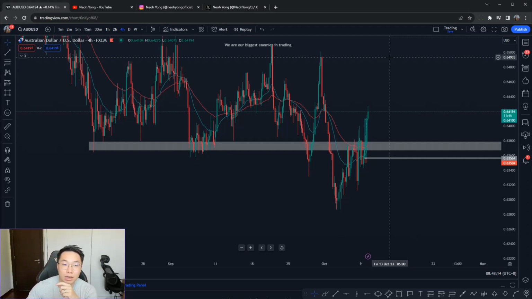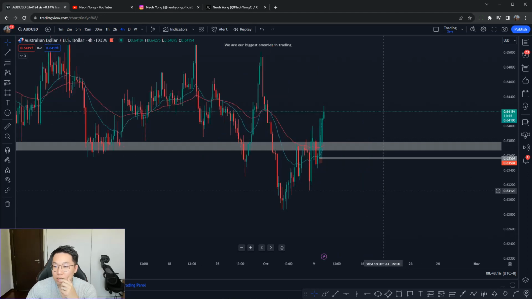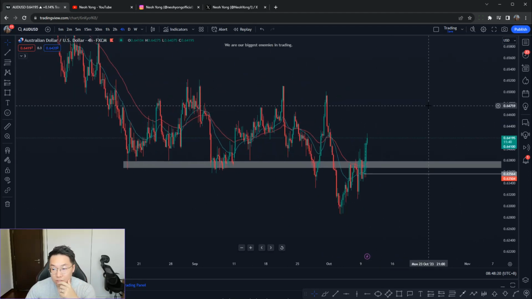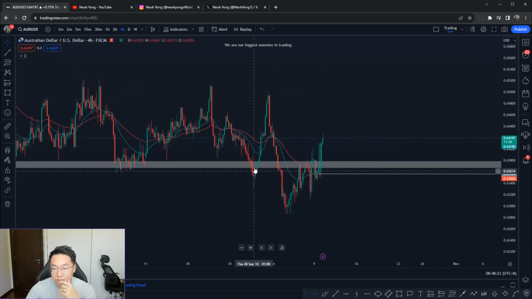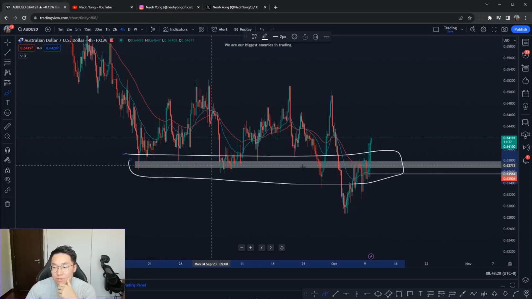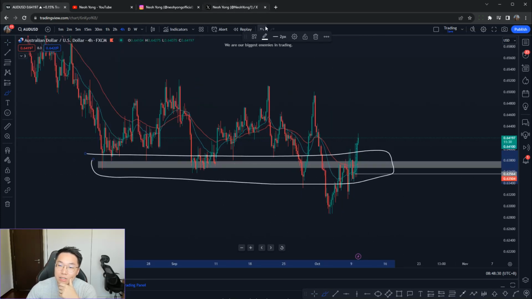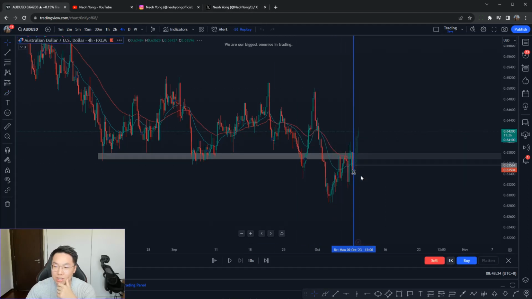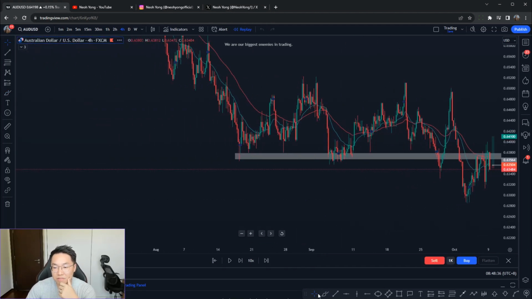Aussie dollar was also another fake out type setup and also a ranging setup, when price was sitting under this 0.6370, which is a massive zone. When price was breaking under the area, I did question whether this was a bearish continuation scenario or likely a fake out.